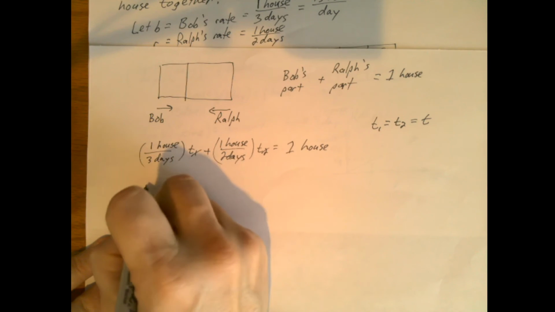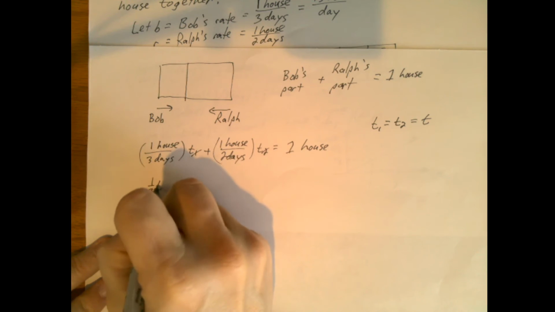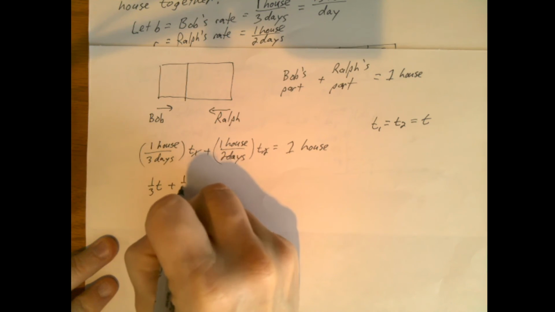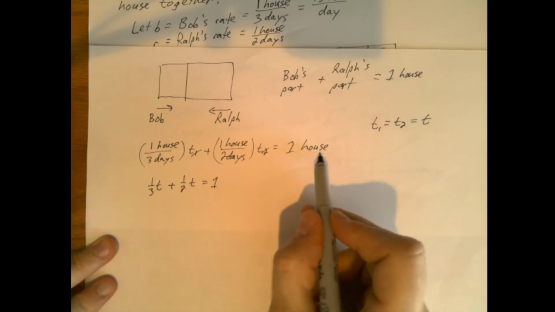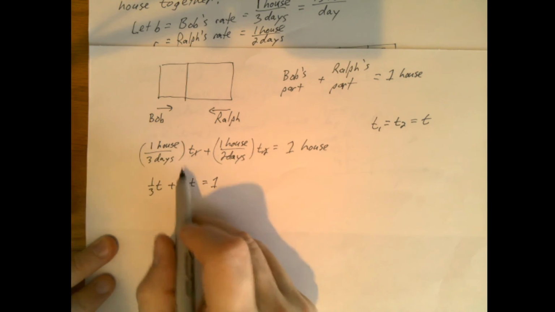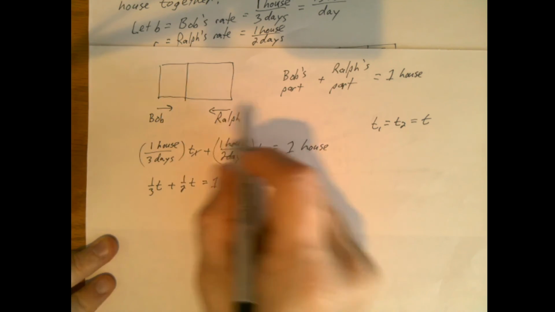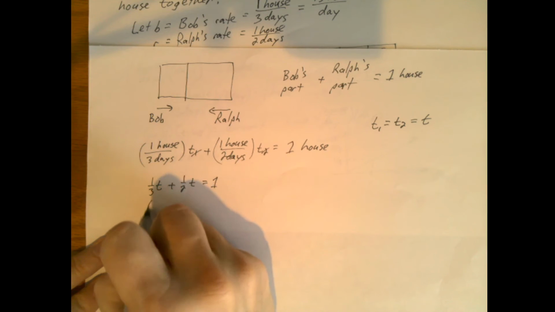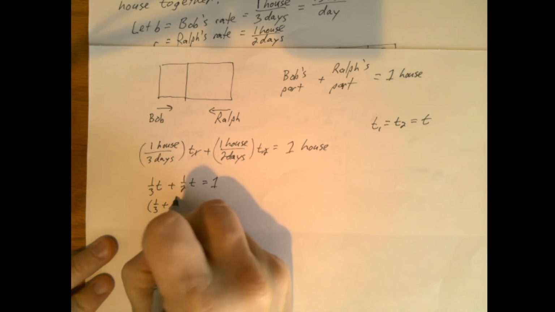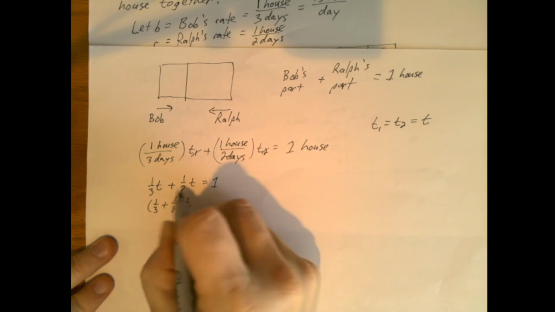So it says how long, we're trying to find the T that satisfies this. So what do we do with this? So 1/3 T plus 1/2 T equals 1. I'm dropping the units to make it easier to write because I've used those to sort of check that I had the right equation and to better understand the problem. So what does this become? 1/3 plus 1/2 times T, use the distributive property, equals 1.